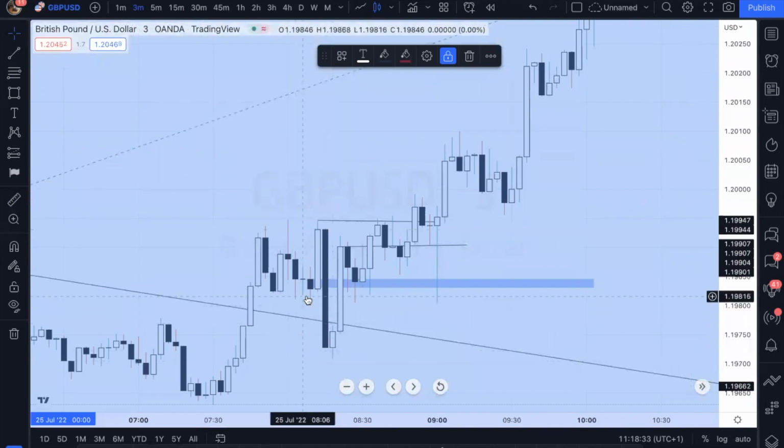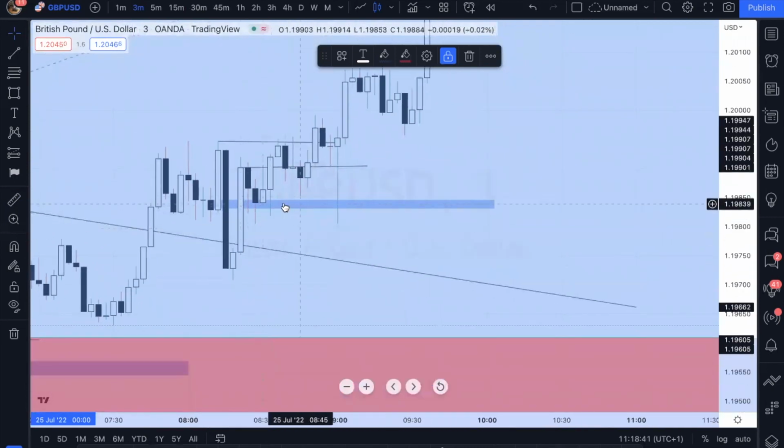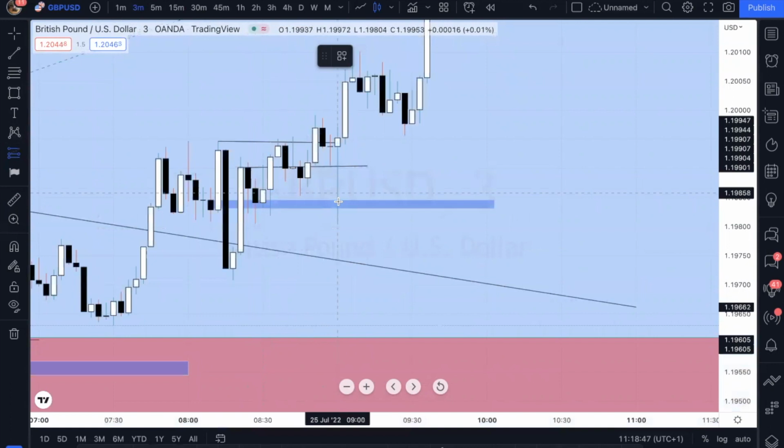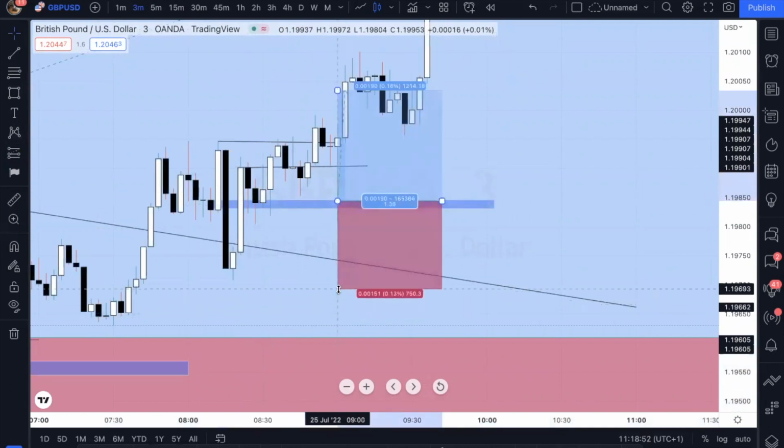We have a low, a high, a lower low, and a higher high. So the QM is here. Price comes back into the QML, and then boom. This could have been an entry here, stop loss somewhere here.